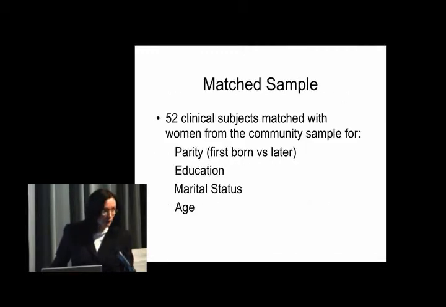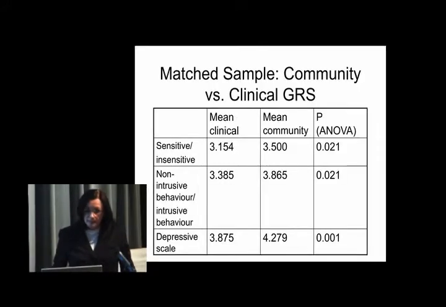We matched my clinical sample with a community sample taken from the women recruited through the general OBGYN clinics here at the Jewish, and we matched them for parity, education, marital status, and age. And this is really the one slide which shows the findings. The clinical sample was significantly different than the community sample on maternal sensitivity, intrusive behavior, and depression. Depression we would expect.